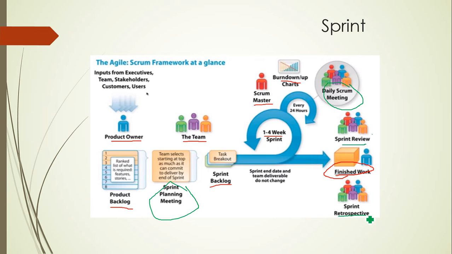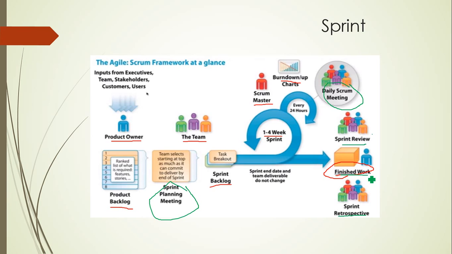The sprint planning meeting is a trigger of the sprint where the team decides what they are going to burn down, or what user stories they are going to work on. And by the end of the sprint, the team produces a work result, that is the developed user stories. That's in short the Scrum framework.